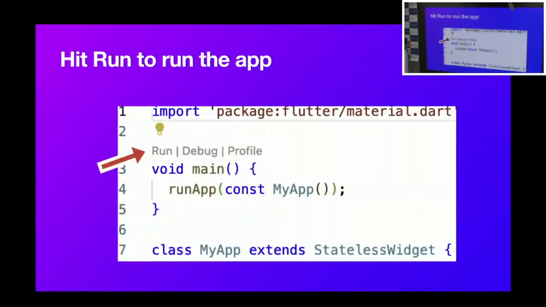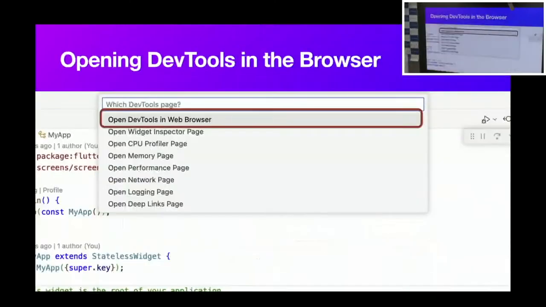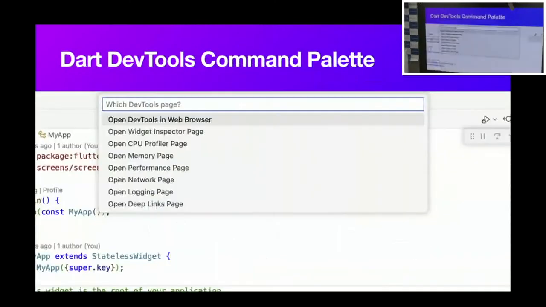Basically, your app should be running, and then you can either launch DevTools from the status bar, or you can also use the command palette. Yes, so you can also use the command palette here.